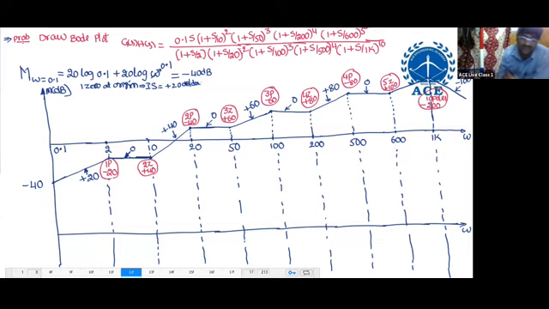Come on, draw the phase plot. For example, it is 0 degrees. Plus 20 means plus 90. Plus 20 plus 90. Next 0 means 0. Next plus 40 plus 180.